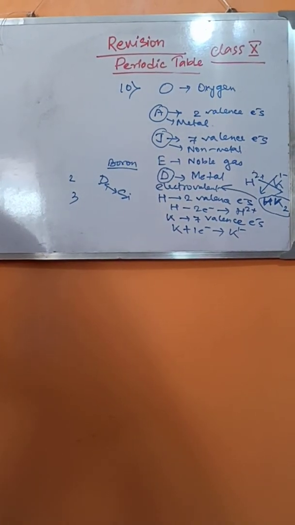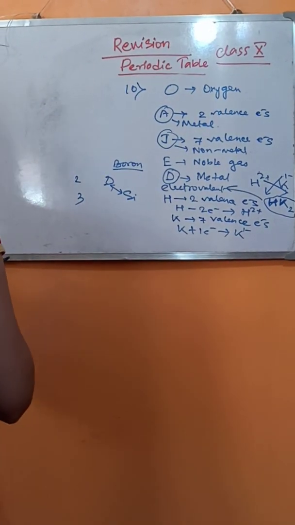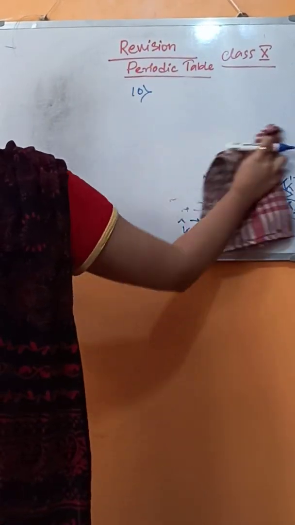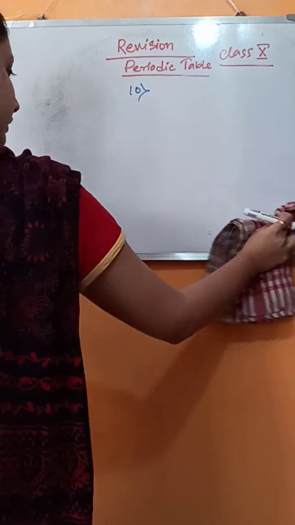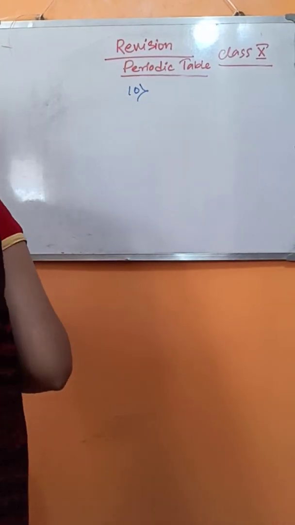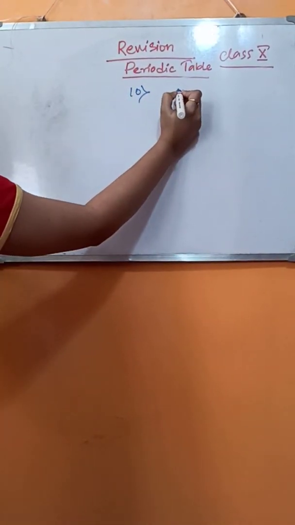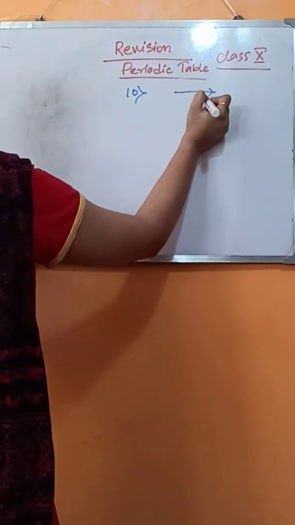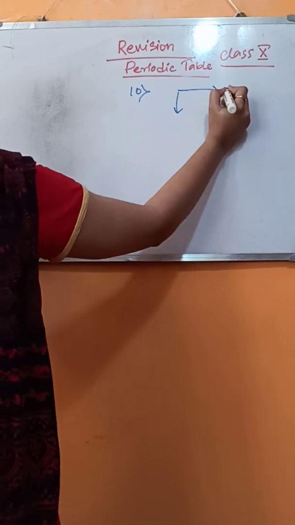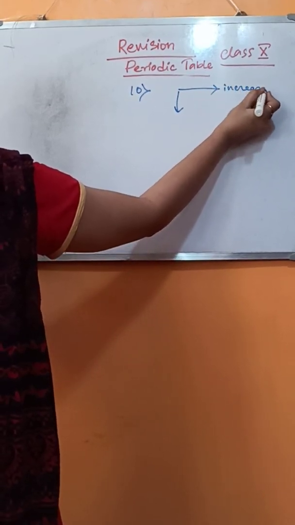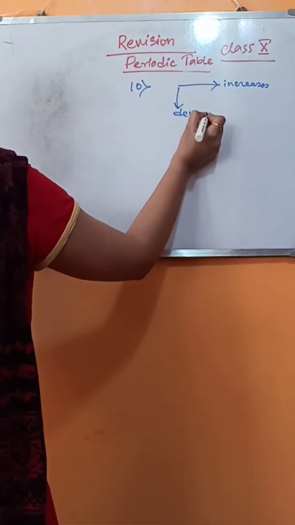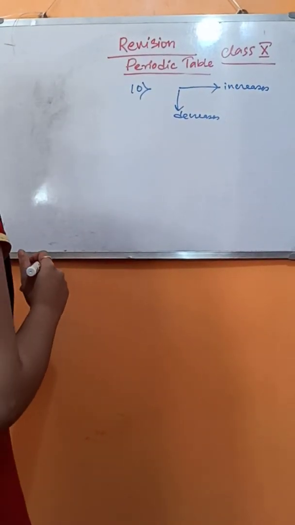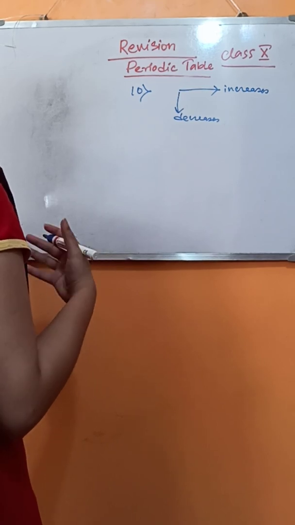Your next question is, which is the most electronegative element? Electronegativity increases across a period and decreases down a group. We all know that noble gases do not have high electronegativity.